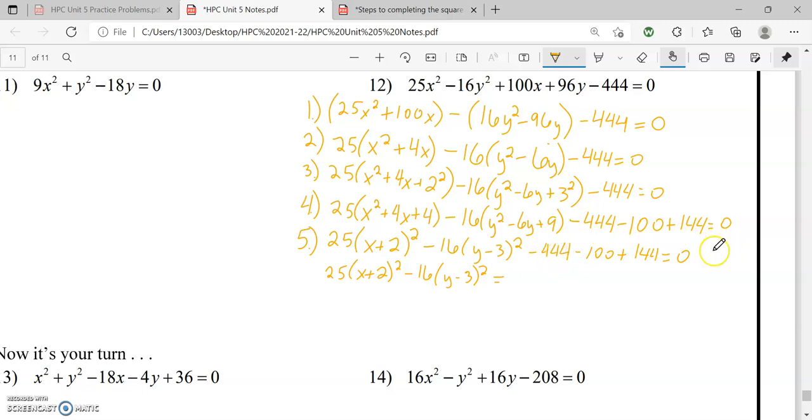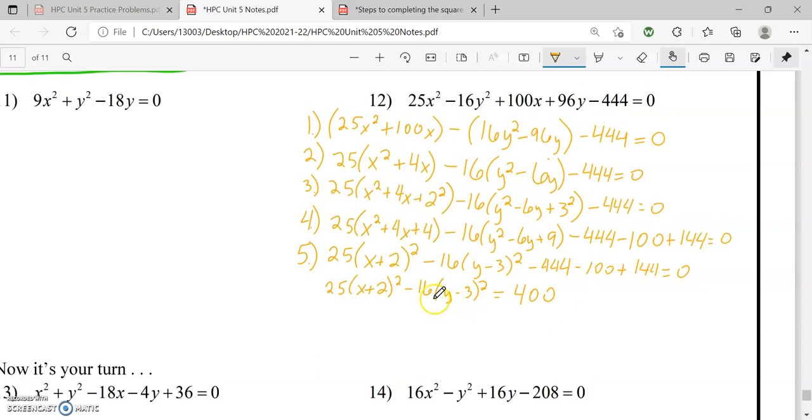So we start with 444 plus 100, so 544 on the right hand side. 544, but we subtract 144 from both sides. So 544 minus 144 is equal to 400. So we're really close. We can see that I made a mistake, actually.